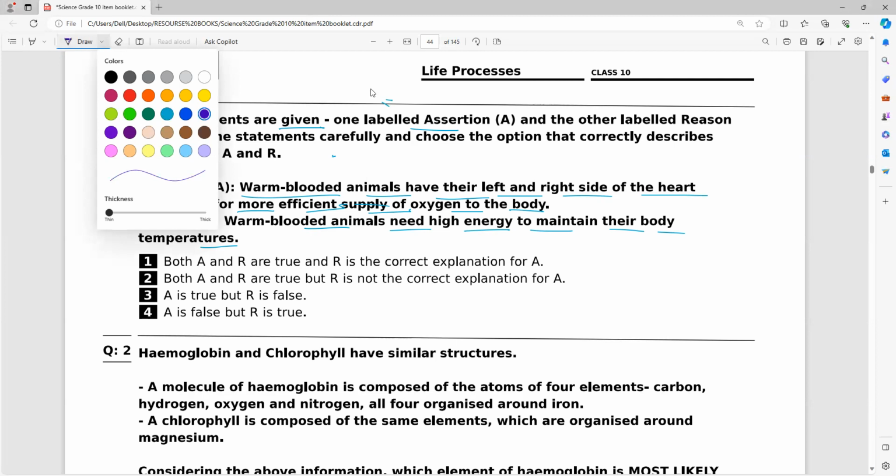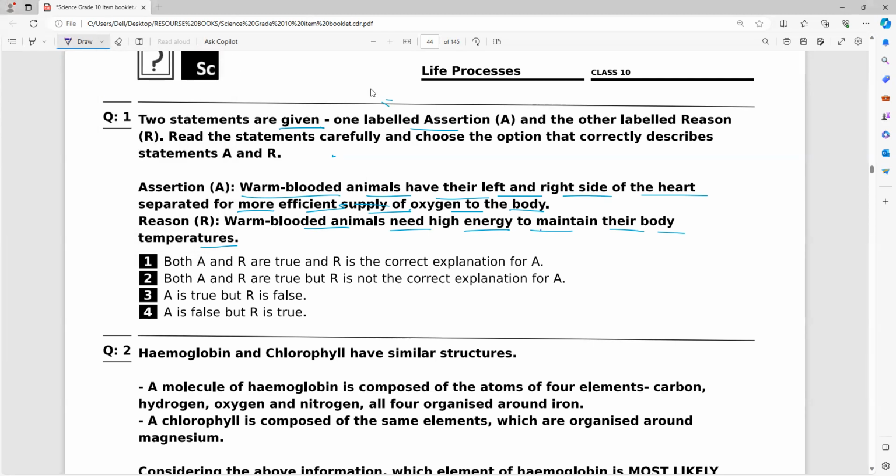But for us, as humans, whether you are in the winter season or summer season, in cold countries or warm countries like India, our body temperature must always be 98.6 degrees Fahrenheit, that is 36 degrees Celsius. Then only you are normal. That is what we call a warm-blooded animal.